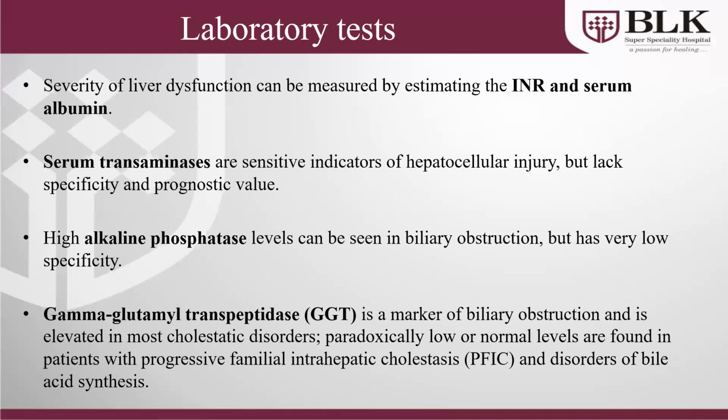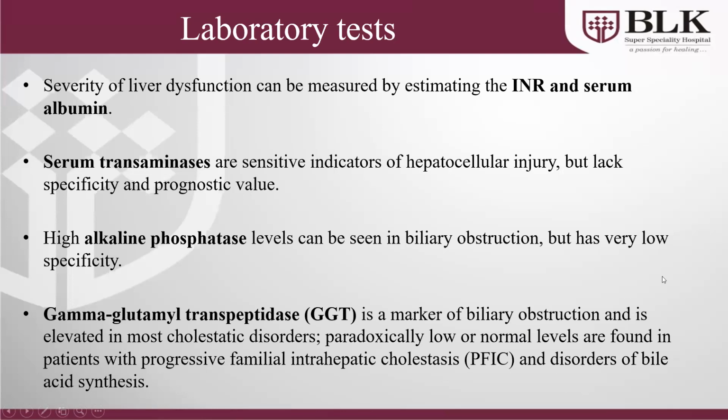We do not take alkaline phosphatase very seriously while evaluating a child with neonatal cholestasis, while gamma GT has a very good role in evaluating such kids. Most of the kids have high gamma GT, while there are certain disorders like PFIC, that is progressive familial intrahepatic cholestasis, and disorders of bile acid synthesis.